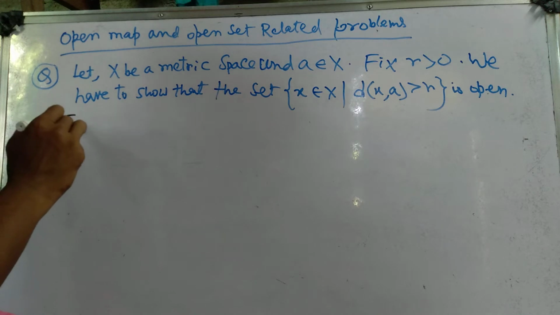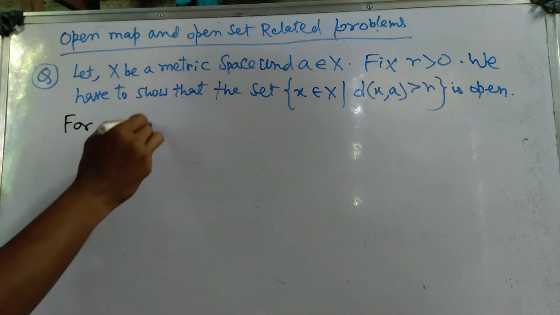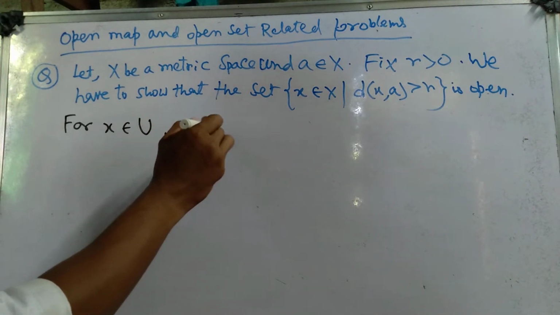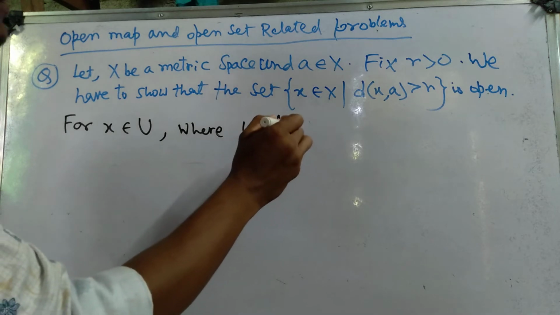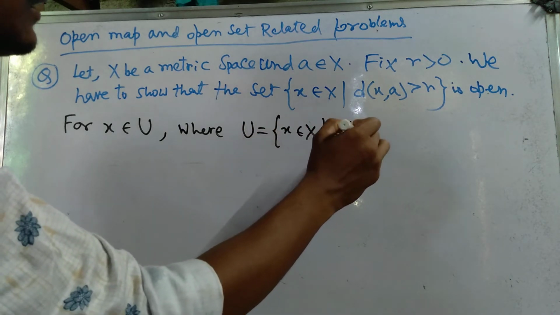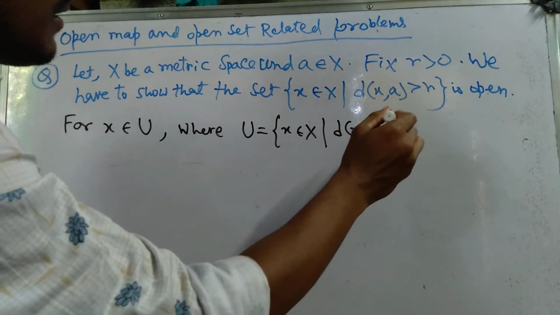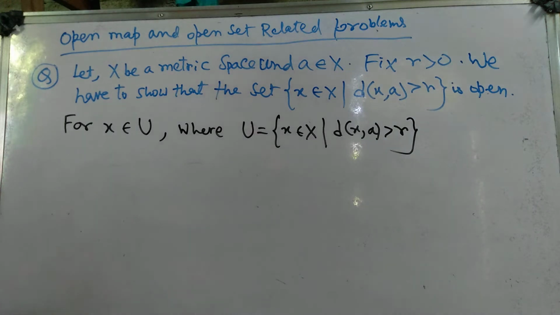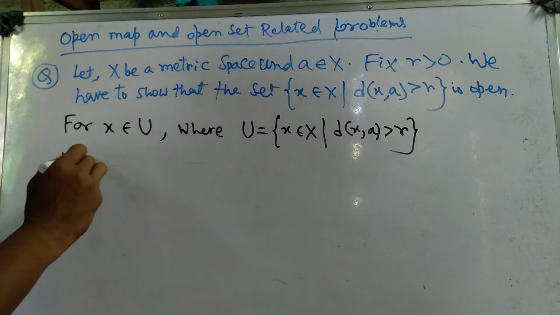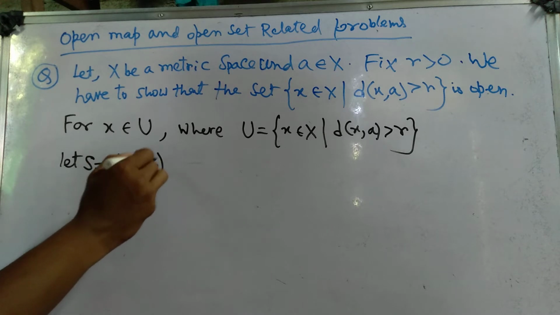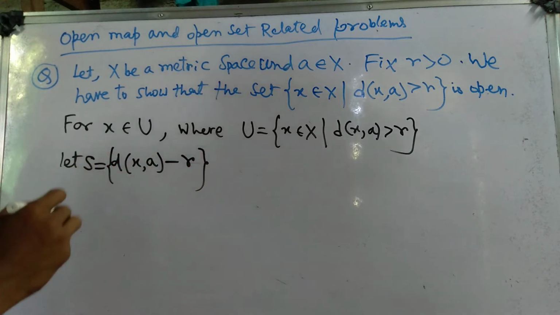For x belongs to U, where U equals the set of x belongs to X such that d(x,a) greater than r, then x belongs to U. Let s equal d(x,a) minus r, which is greater than 0.